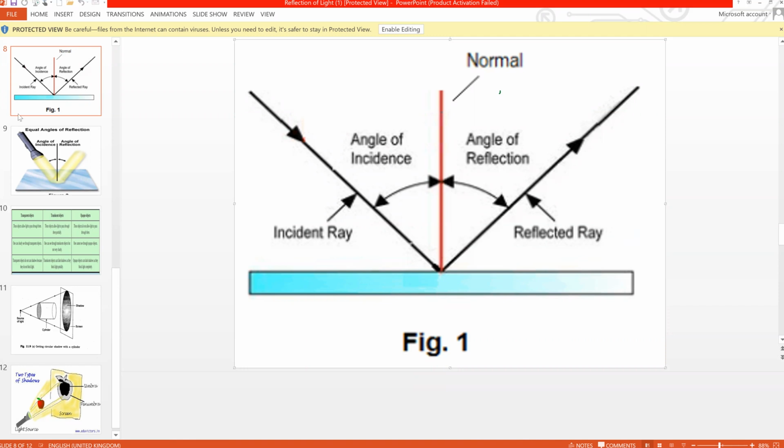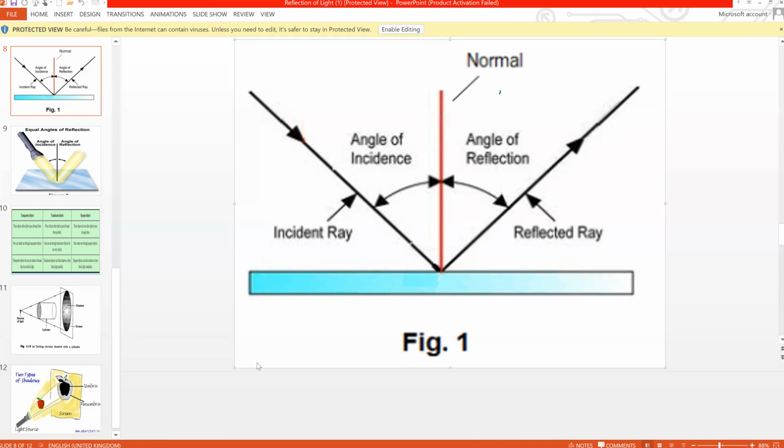Here I have taken a blue colored surface, a plain, smooth, shiny surface. Reflections are classified into two types: regular reflection and irregular reflection.